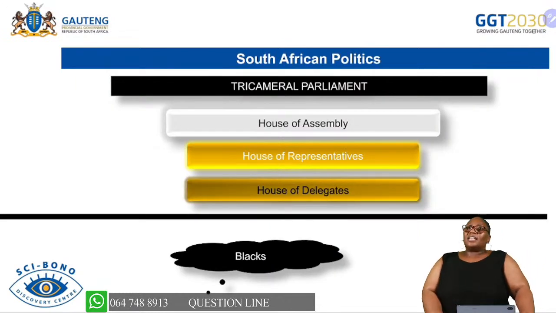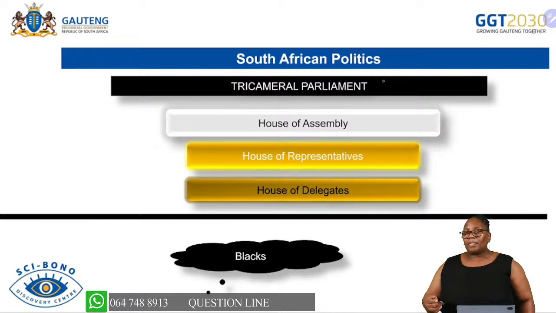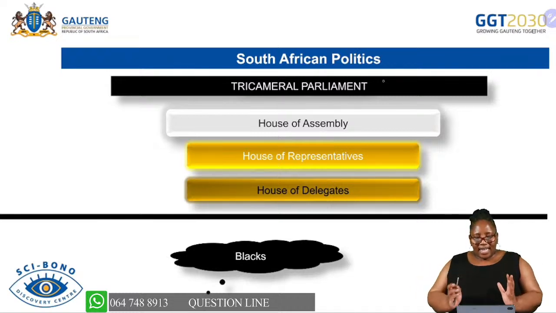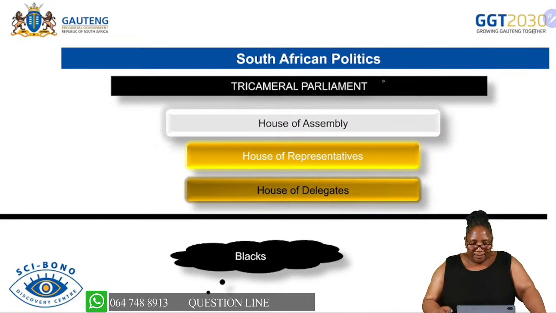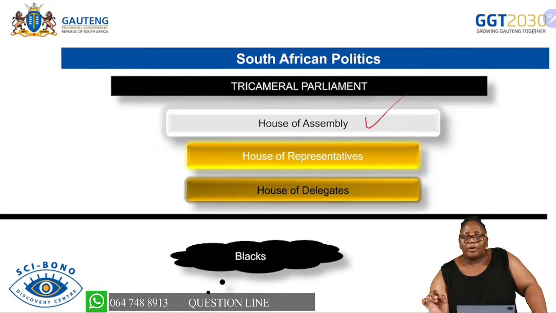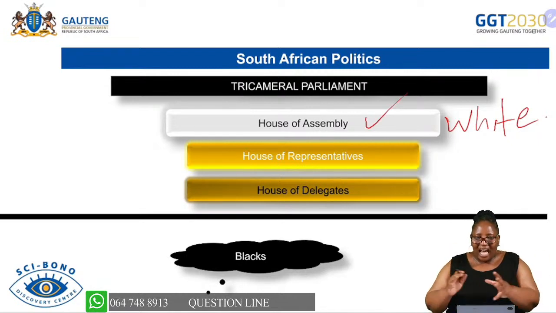South African politics during those dark years: there was a tricameral parliament. Tricameral parliament meaning the three key people in South Africa were recognized. And who are they? A law was passed that there would be a House of Assembly which catered only for white people. So it was a big parliament, but it had 3 houses.